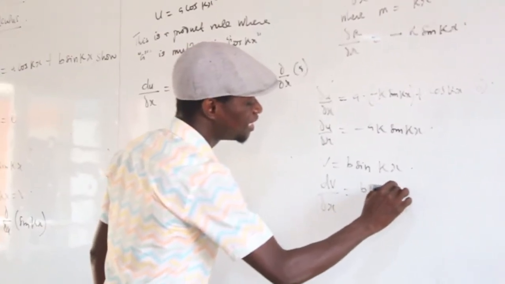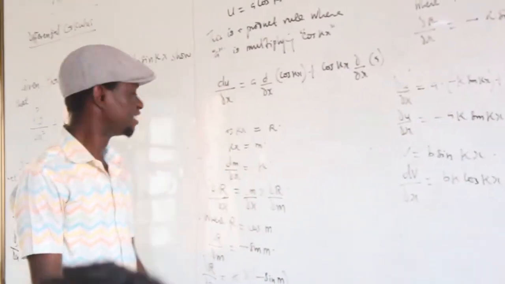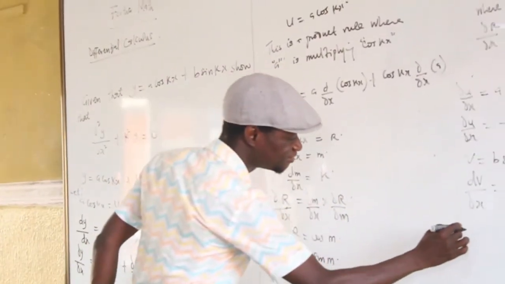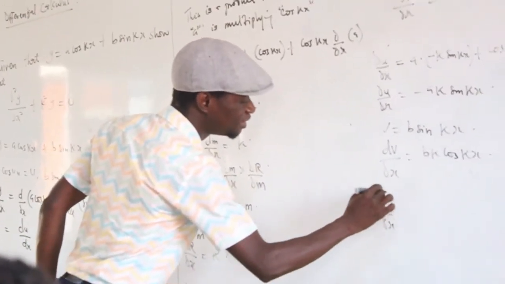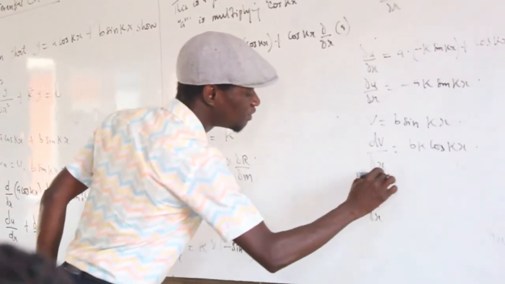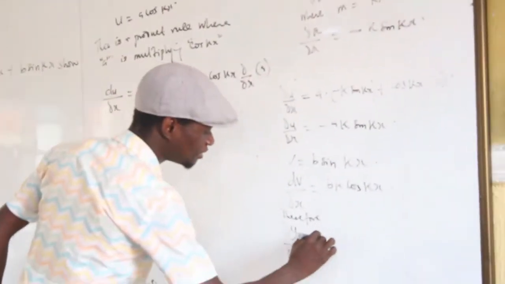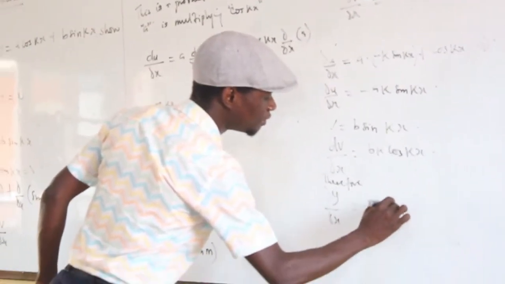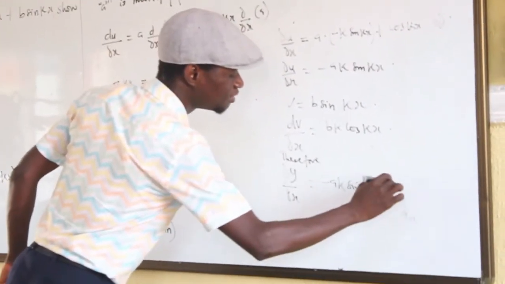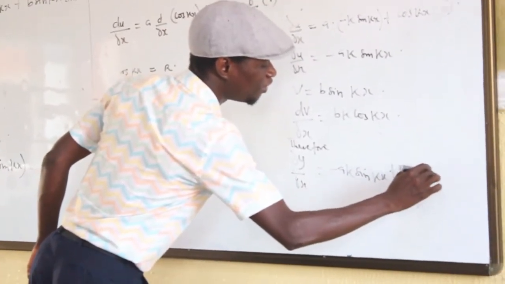So dy/dx is therefore equal to minus ak sin kx plus bk cos kx.